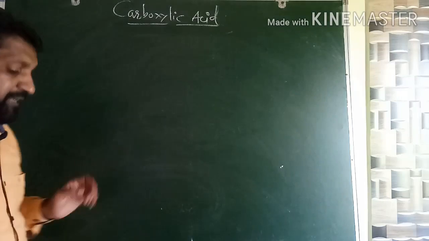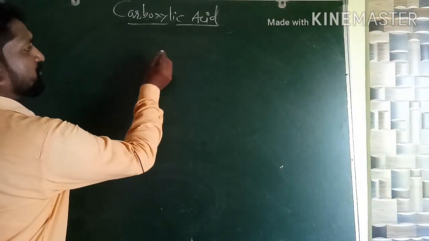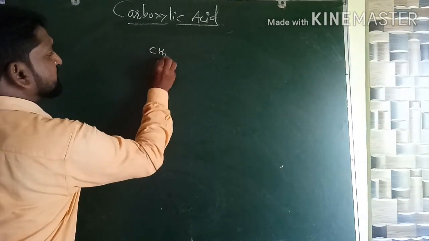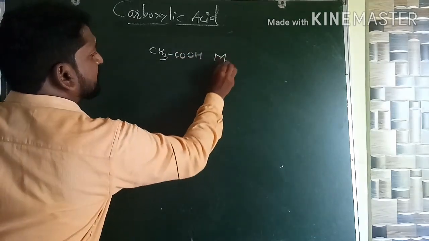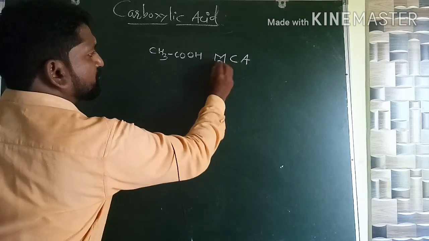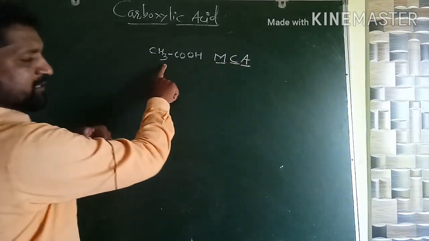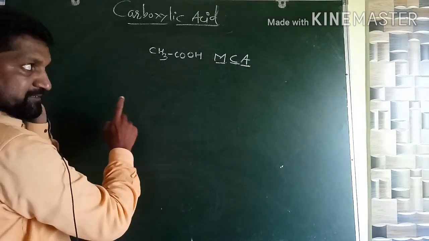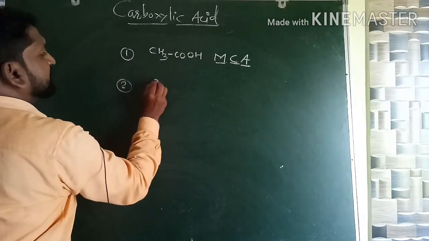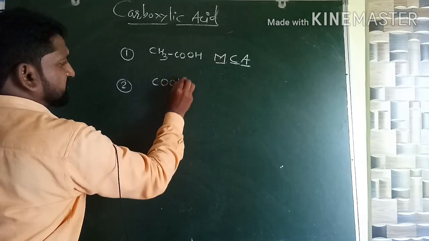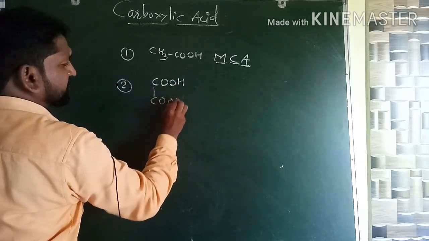If any molecule contains one carboxylic group like this, CH3COOH, then it is called monocarboxylic acid. For example, acetic acid and many more acids are there. Second, we take COOH COOH.